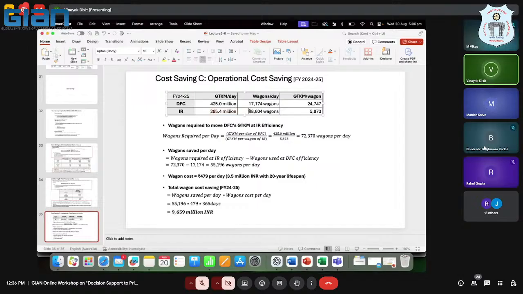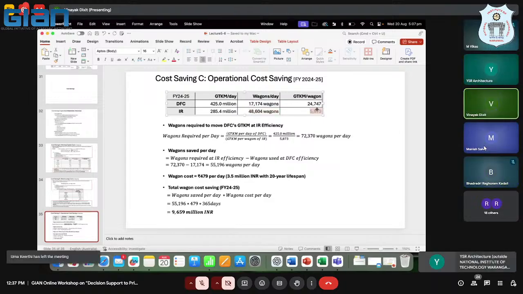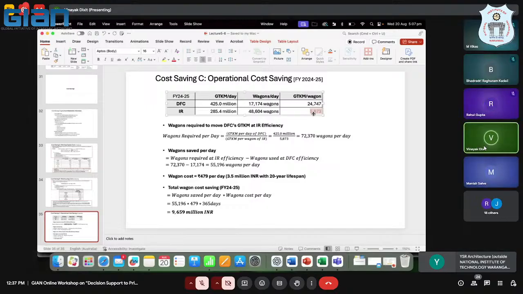So that needed 48,000 wagons. But because on the DFC it is faster, this is the number of GTKM per wagon that is being charged. So you are actually getting a wagon efficiency because you're faster. Because the speeds are faster, you don't need to run as many.